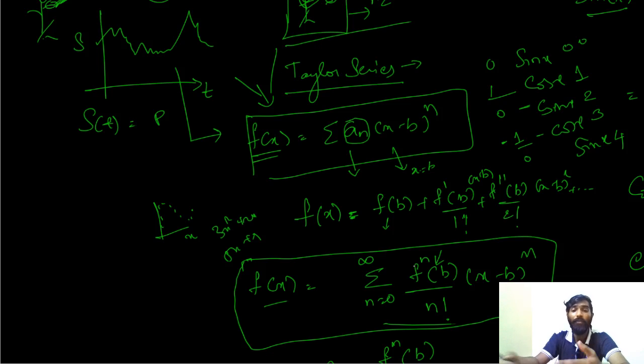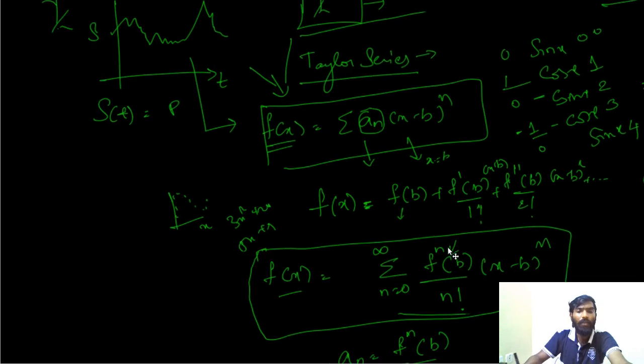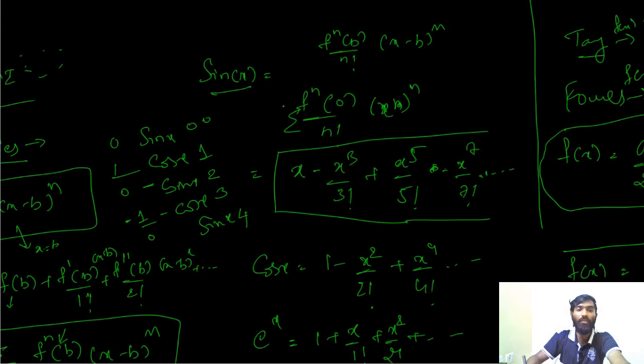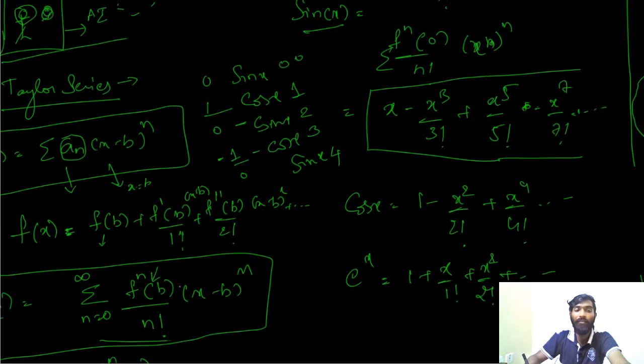In those cases, you apply this Fourier series or Taylor series in order to calculate the function f of x. Now if you are trying to calculate the function sine of x using Taylor series, this is the expansion that you get, because you know the nth derivative and my b is actually 0.